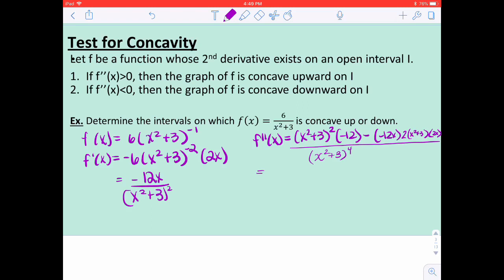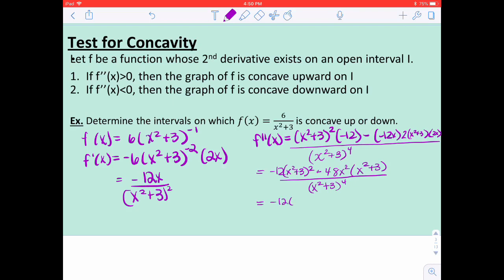Okay, so this is equal to -12 times x squared plus 3 squared minus, negative, that's it, so positive 48x times x squared plus 3, all over x squared plus 3 to the 4th.